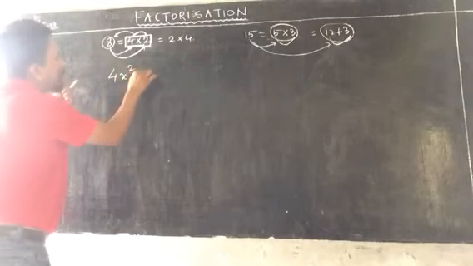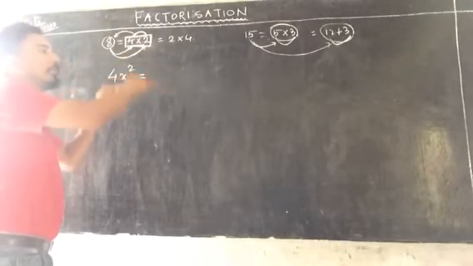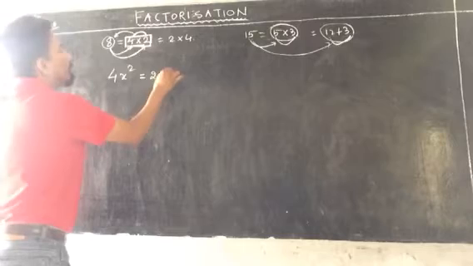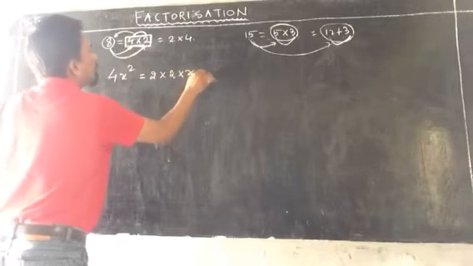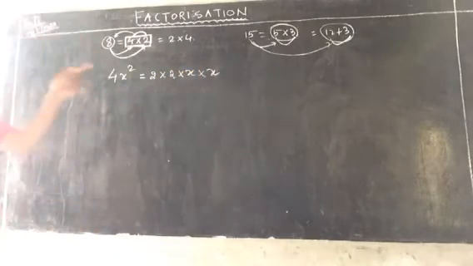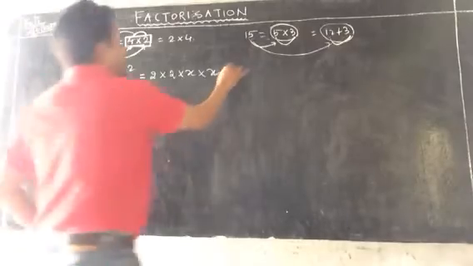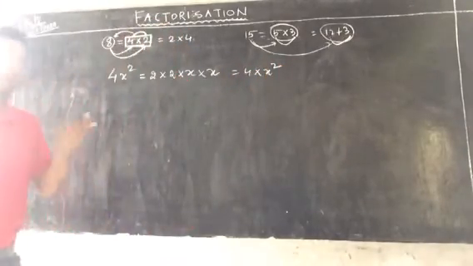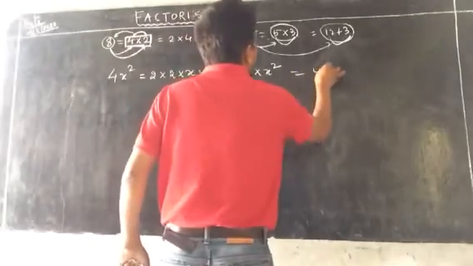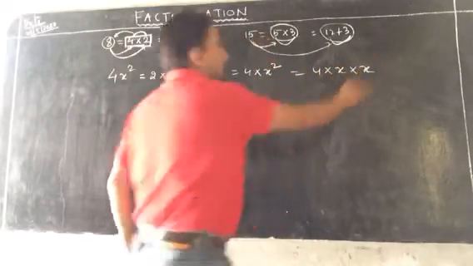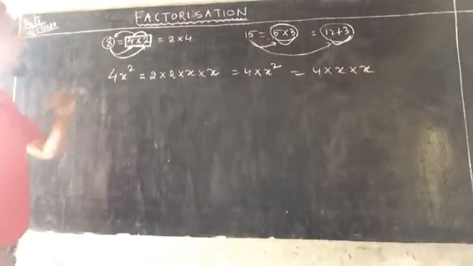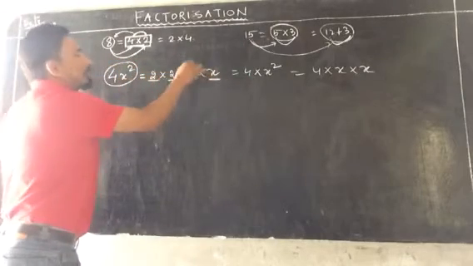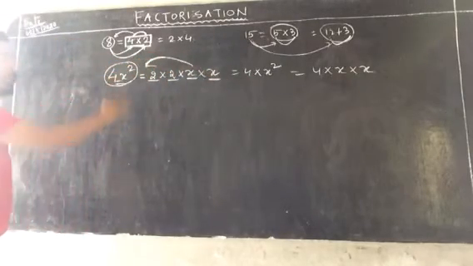If I have to convert this into a form of product, I can write 2 multiply x multiply x, or I can write 4 multiply x square, or 4 multiply x multiply x. In all the ways, if you multiply these factors together, you will get this term.